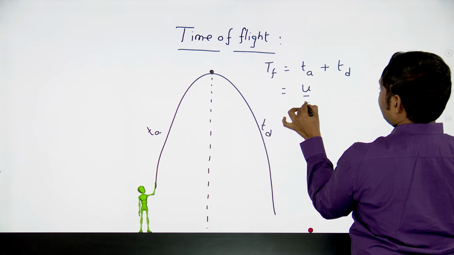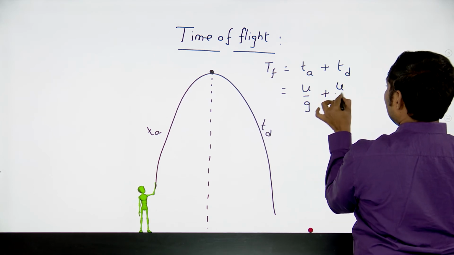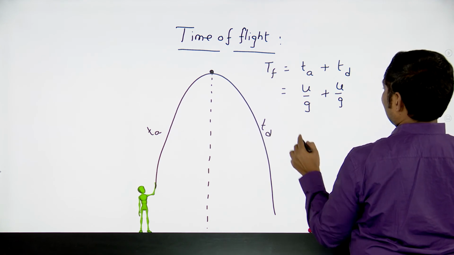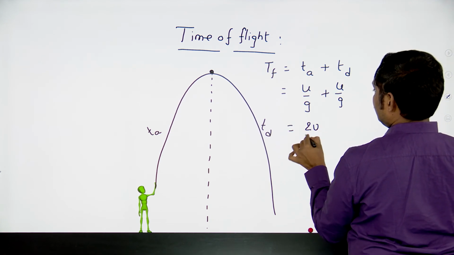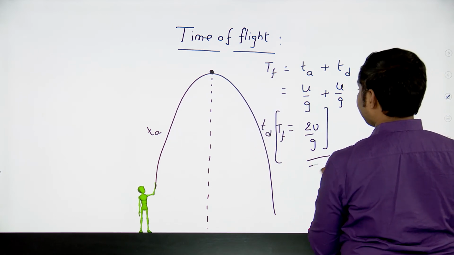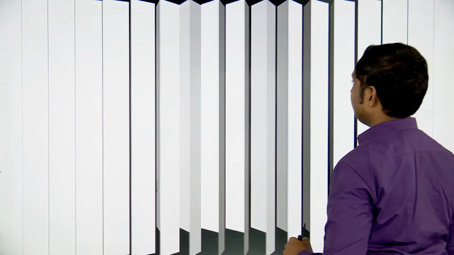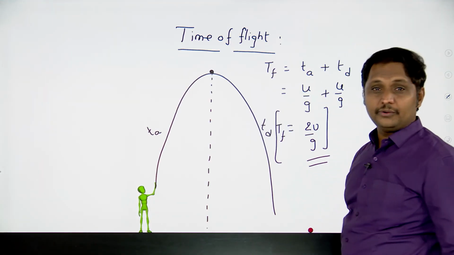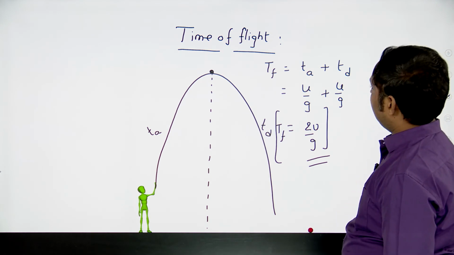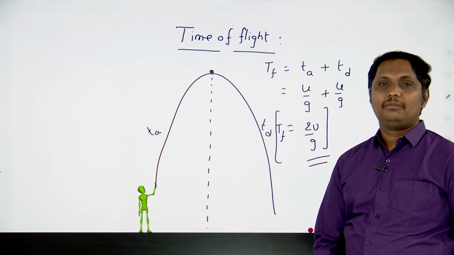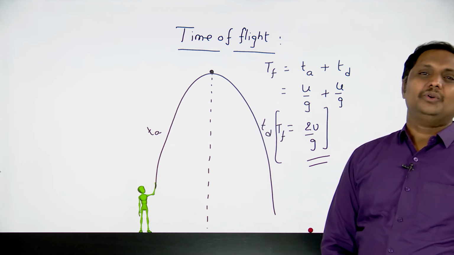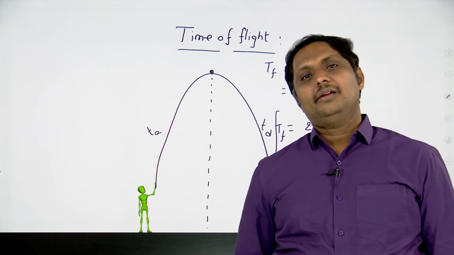So you have to get U by G plus U by G. That's going to be 2U by G. For the time of flight, you take the time taken by the body to reach the terminal point.